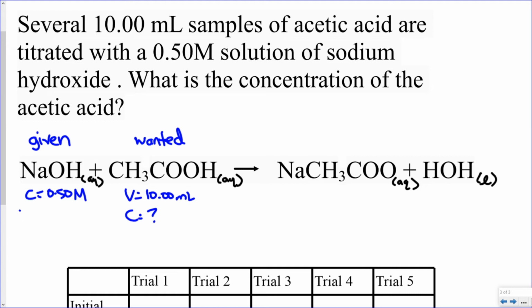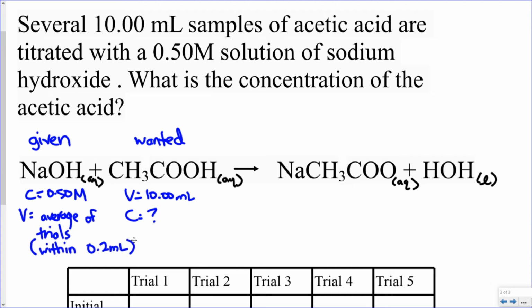So my volume here is going to be the average of trials. And I'm going to put one more thing here. Our trials have to be within 0.2 milliliters of each other.